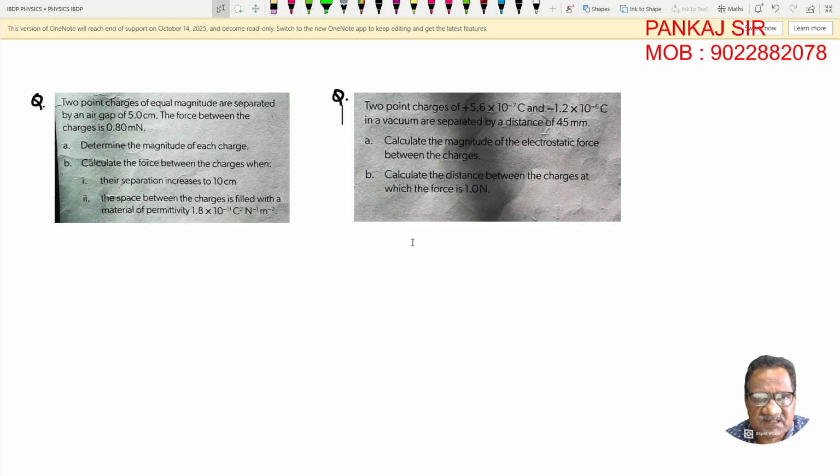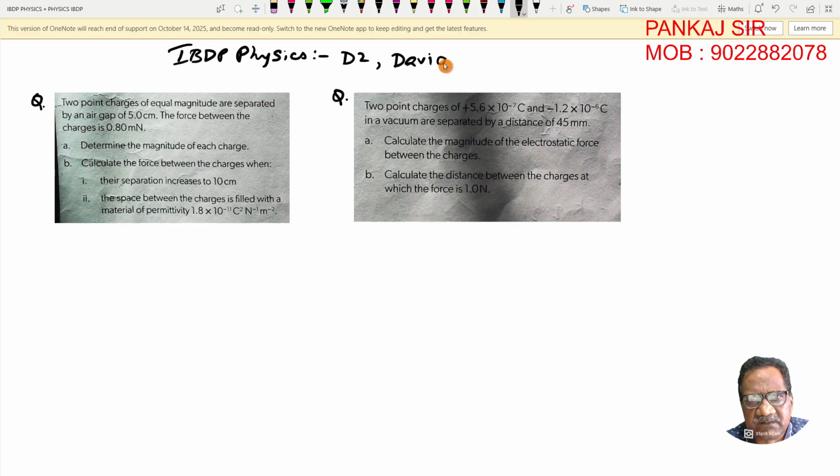In today's lesson, I'm going to continue with the numericals for IBDP physics. These are from unit D2 from the book by author David Homer.